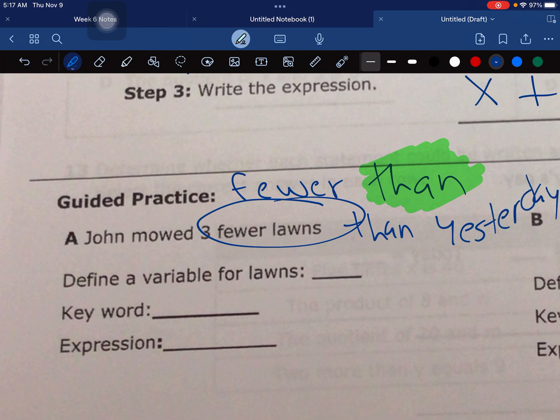So define a variable for lawns. So L, that's an L. It could be X, chicos. The most common is X, but sometimes people use the first letter of the word that you're talking about. No, I'm going to use X for now. The key word, chicos, is fewer than. And we're going to have X. Fewer, chicos, represents minus. So minus 3.